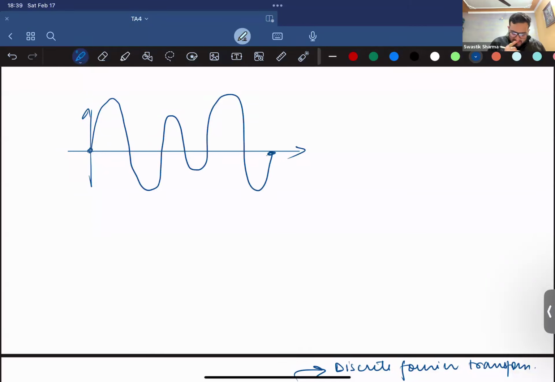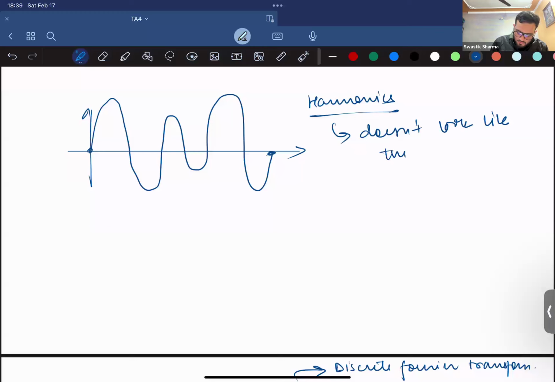This signal has harmonics because it's distorted, it does not look like the fundamental component.